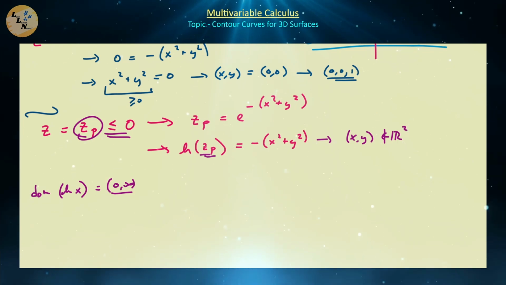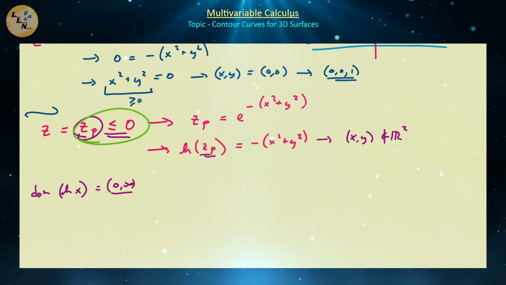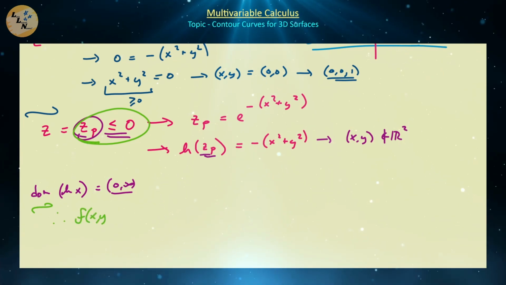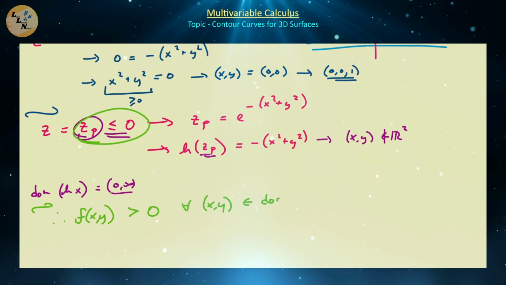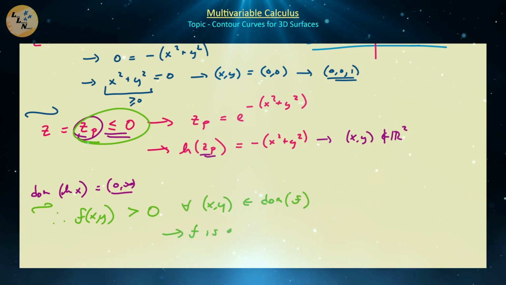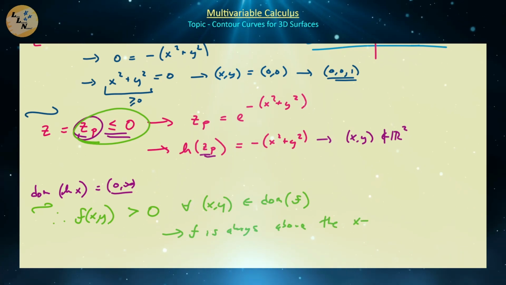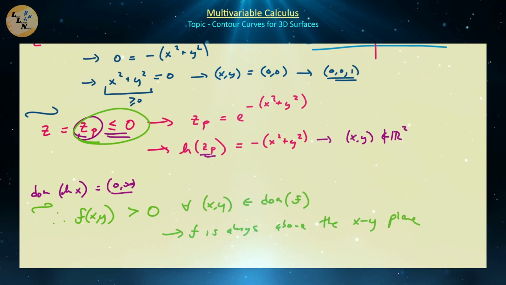Therefore, since there's no x, y that satisfies this constraint, the surface is always greater than 0 for all points x and y in the domain of f. That's just a fancy way of saying that f is always above the xy plane.